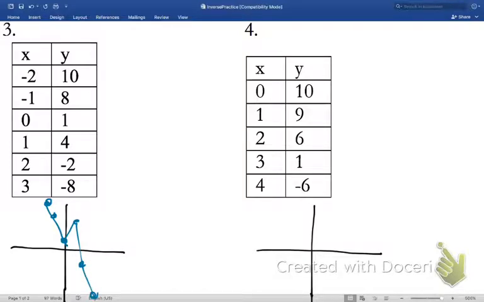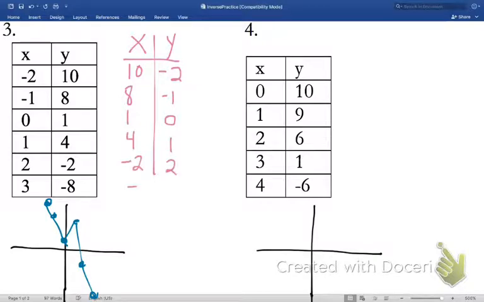Okay. Now we've got to switch our x and our y. So I would have (10, -2), (8, -1), (1, 0), (4, 1), (-2, 2), and (-8, 3). Now let's put those on the graph. So at 10 it would be -2.